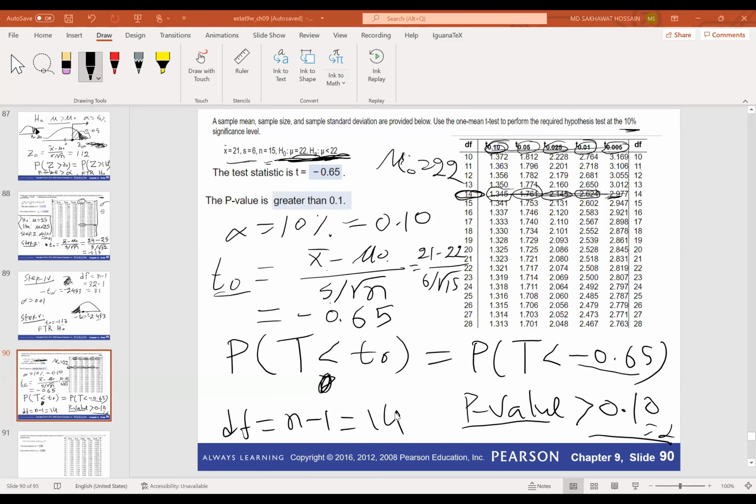So you can look at the complete t-table, or you can also use an online t-test calculator. Okay, so let me share this screen.